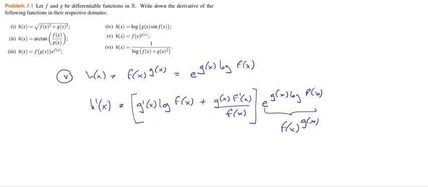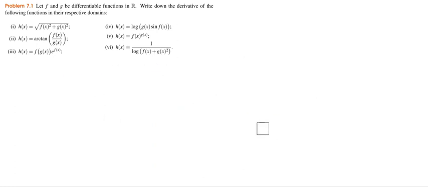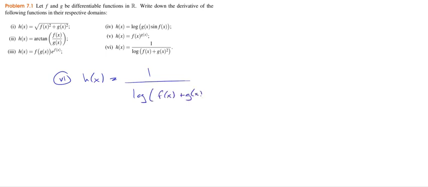And then part 6 is h is 1 over the logarithm of f plus g squared. So this is the derivative of a quotient.